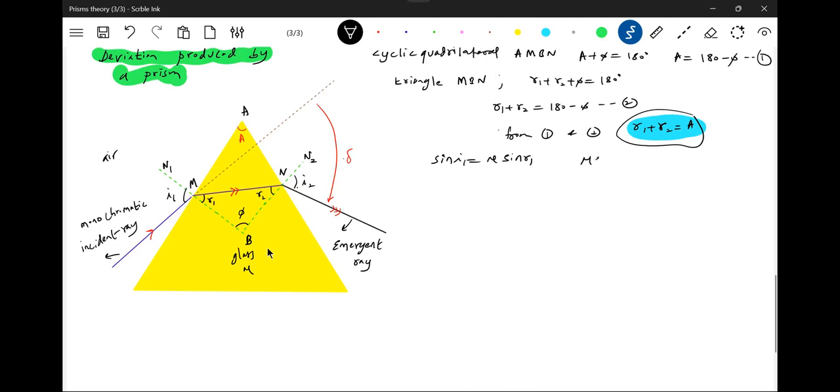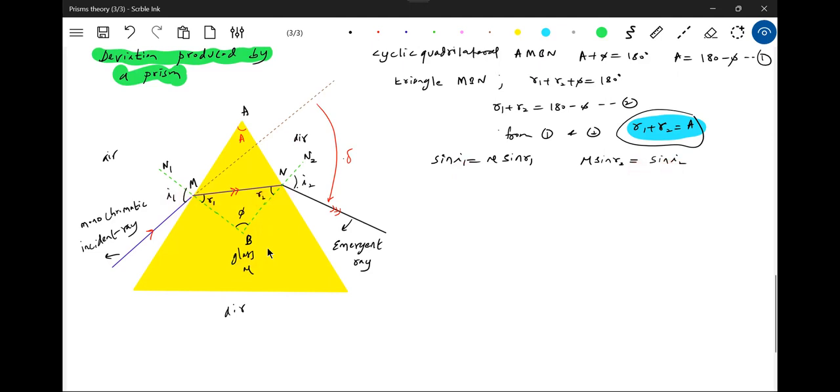Similarly, mu sine R2 equals sine I2. The surrounding medium, let it be A. The refractive index of the material of the prism, let it be mu. So applying Snell's law here, sine I1 is equal to mu sine R1, and mu sine R2 is equal to sine I2.